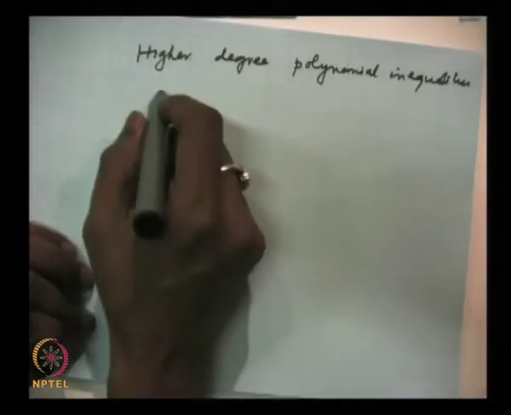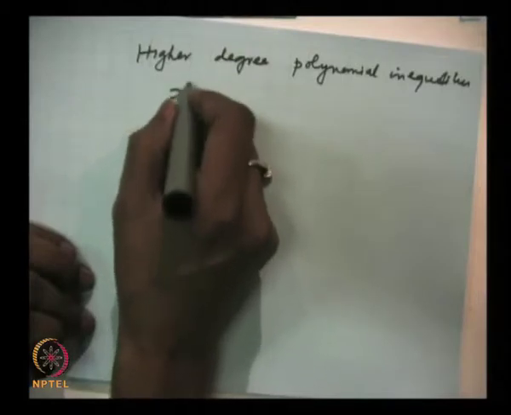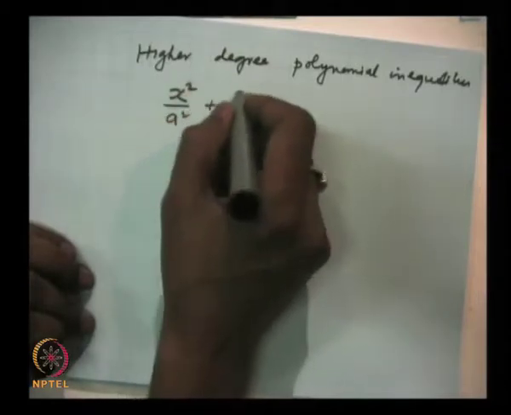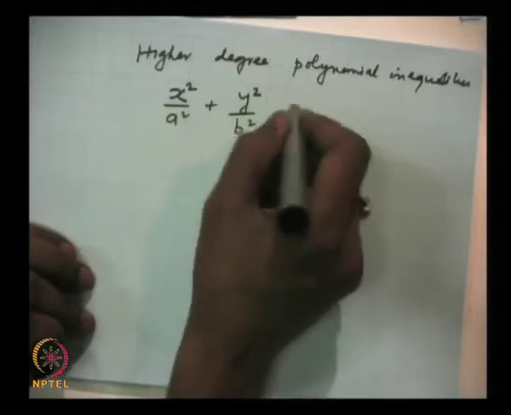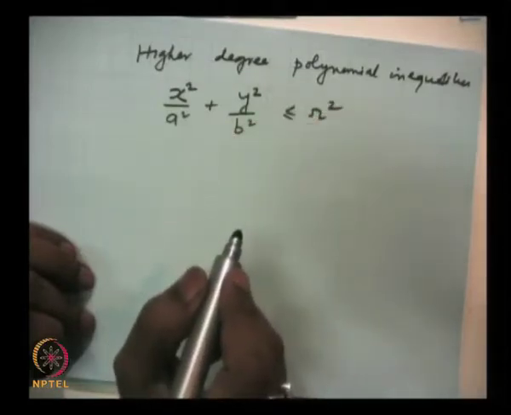I just draw it geometrically rather than writing anything algebraically. Do you remember this kind of equation? What is it? Ellipse, right?